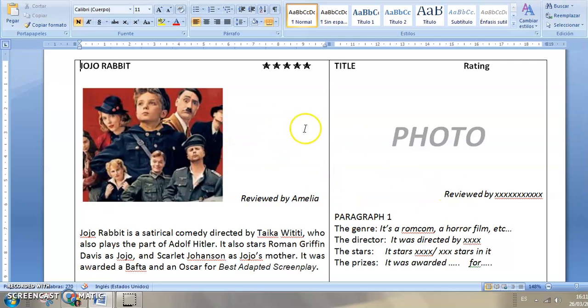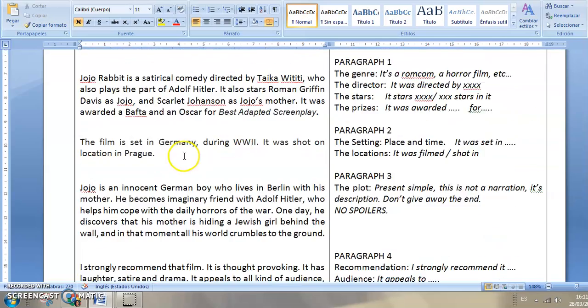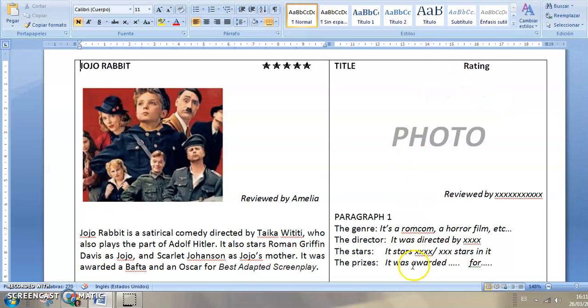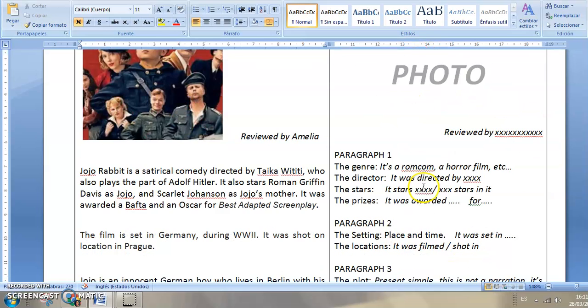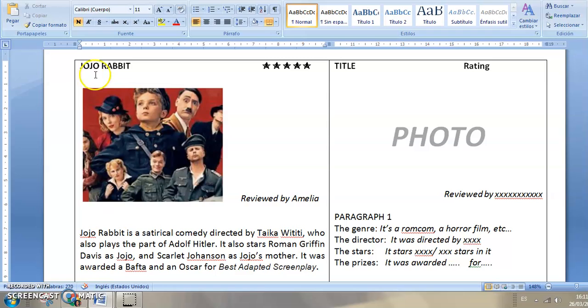So this is the way we organize the review. You have the example here, okay, and how to organize it, or the explanation, by this side. The title of the film, and you rate it with stars. In my case, I've given it 1, 2, 3, 4, 5 stars, right?